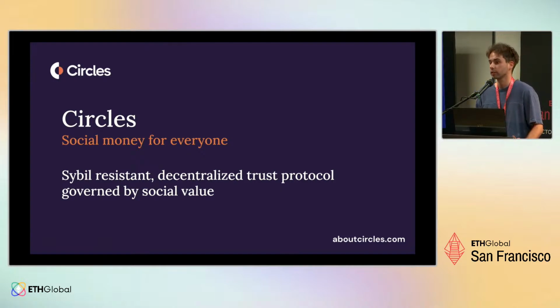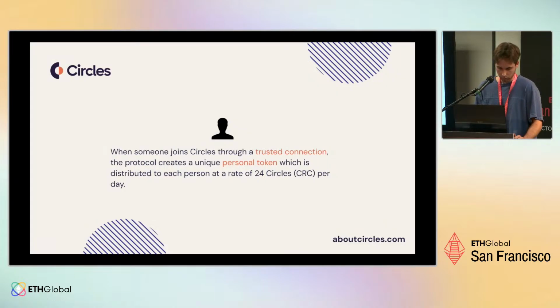This project has existed for a few years, but it was relaunched on 15 October, so last week, within the Gnosis chain. We reworked the smart contracts and we also added an SDK to help developers build applications with the Circles protocol.